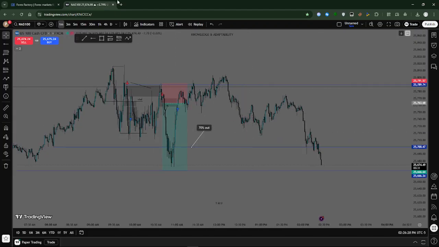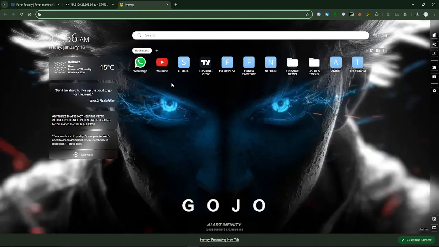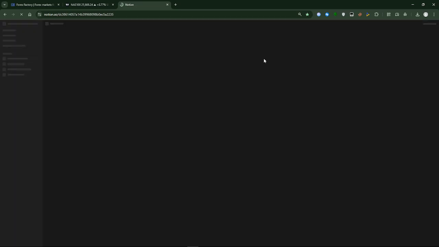We actually took this trade, and literally not even a single trade after December 24th, 2025, and I've been struggling with the entry at first.